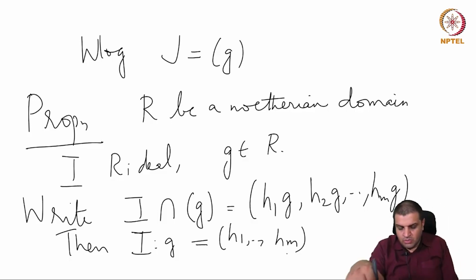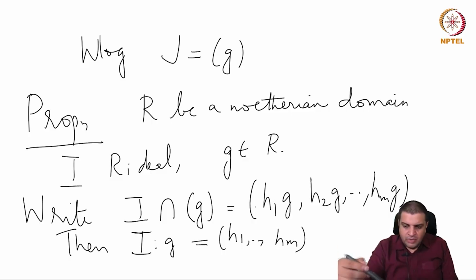Okay, so just let me read this once more. We have an ideal I and an element G, and we want to know what I colon G is. So to compute I colon G, we first express I intersect G. I intersect G would be finitely generated, and every element in a generating set would be a multiple of G because it's a subset of the ideal generated by G, and then the colon is just H1 through Hm.